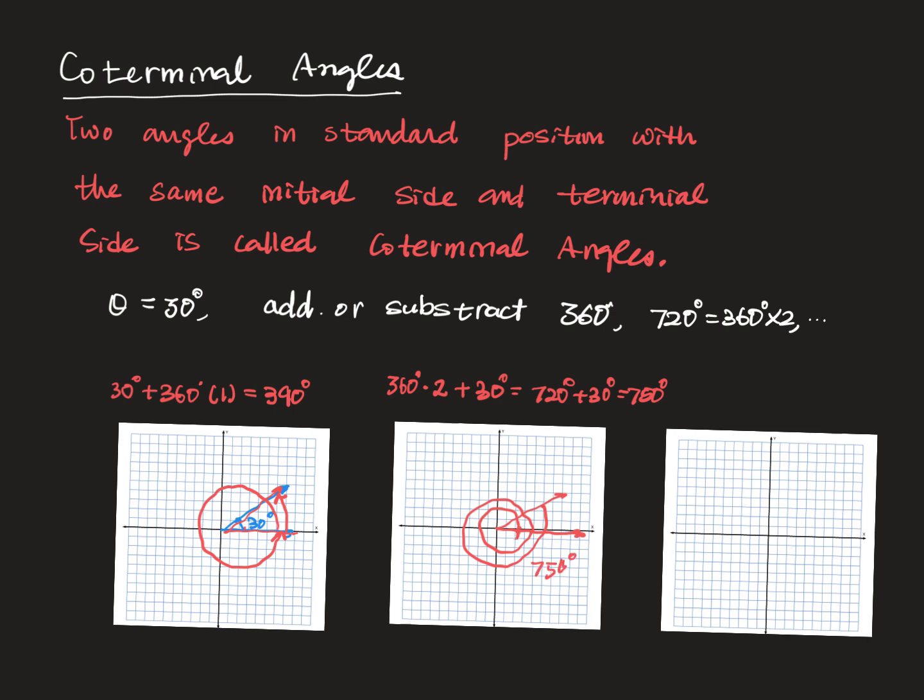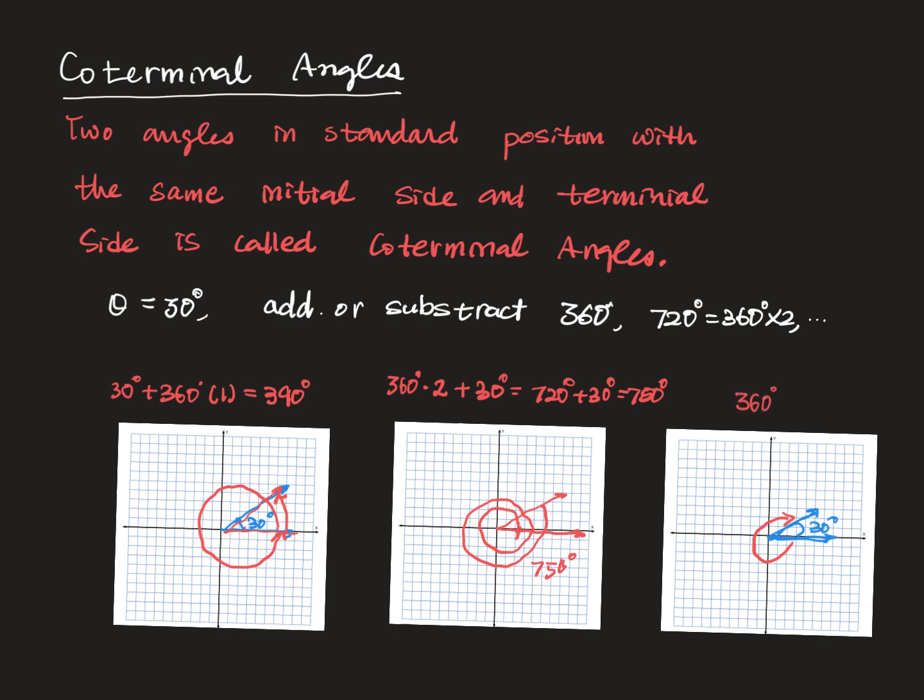Let's do the negative side. You're going to see here is 30, but now the initial and terminal side go in the negative angle direction, and that's also a coterminal angle. How can we find it? One revolution is 360.